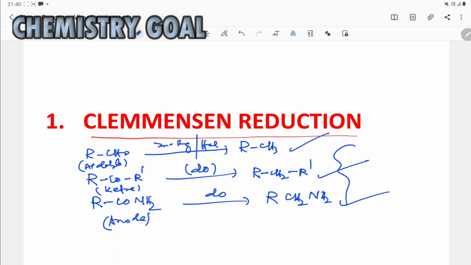This is a very important name reaction, and this reaction is called Clemmensen reduction. Preparation of alkane from aldehyde, ketone, like this.